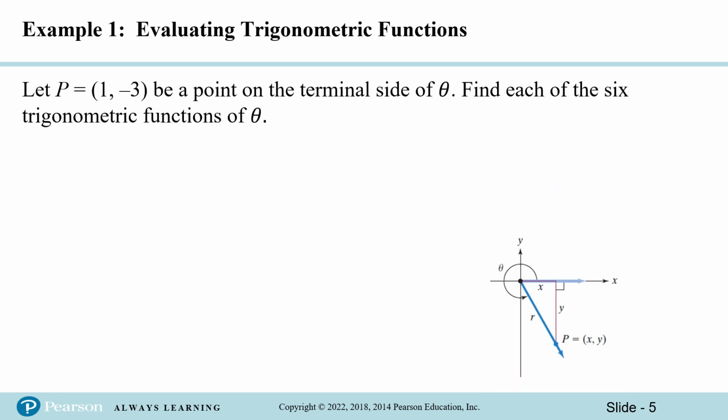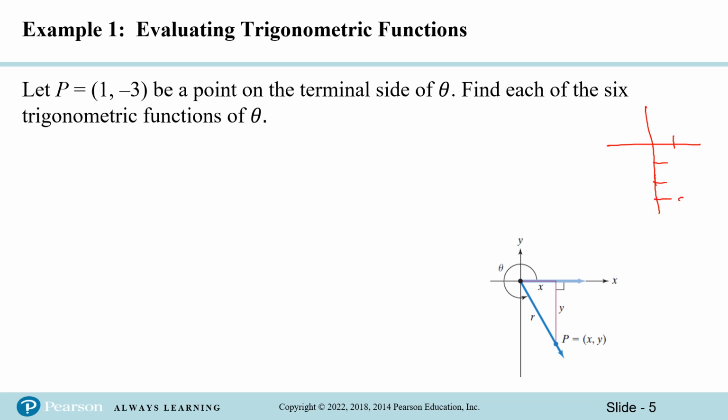Okay, so let's suppose we have the point (1, -3), and we need to find the 6 trig functions. The first thing we're going to do is plot that point. I'm going to make my hash marks nice and big.